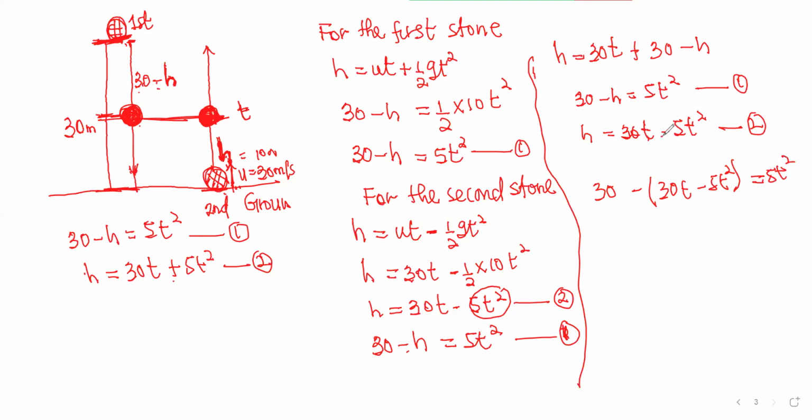When you substitute equation 2 here, okay, so 30 minus 30t plus 5t squared is equal to 5t squared. 5t squared will go to 0.